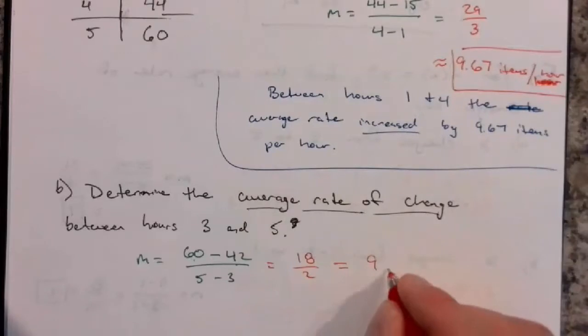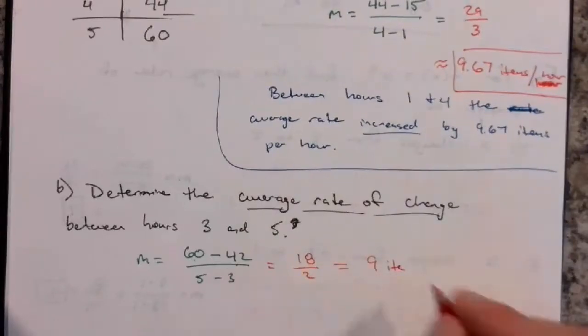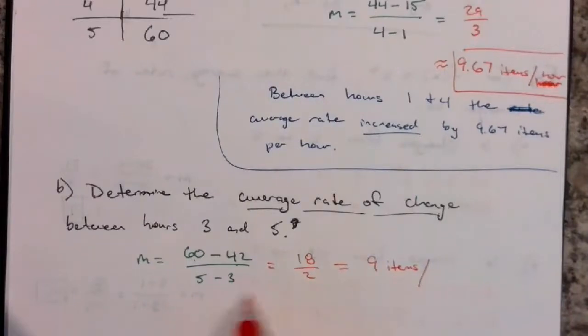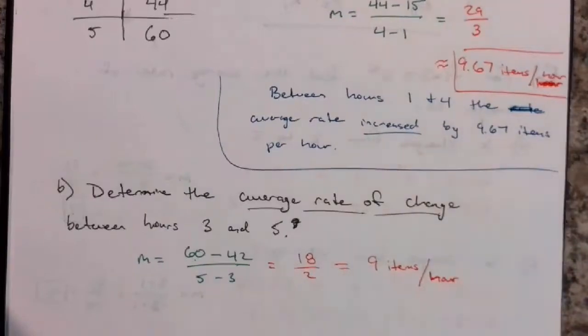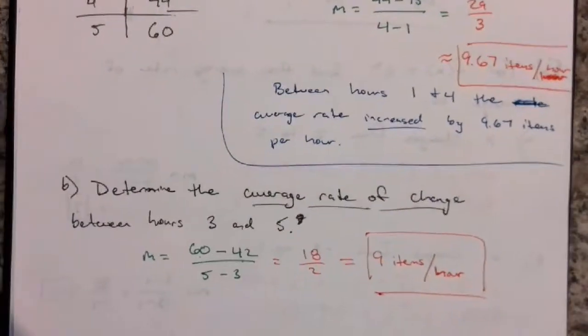And that's 9. Make sure you put units. Units of y are items, over units of x, which were in hours, so 9 items per hour would be the rate of change. Now, it's positive. Positive tells you it's increasing.